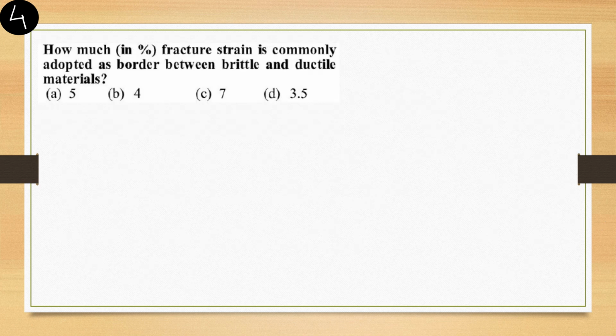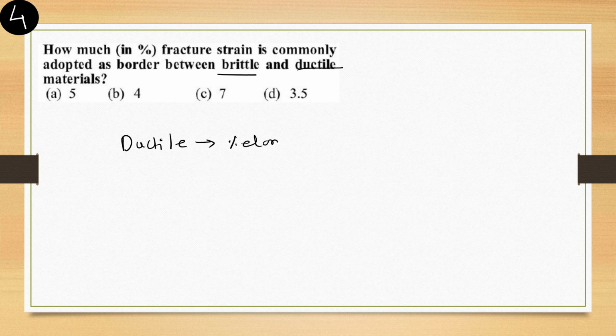Then the fourth question is: how much percentage of fracture strain is commonly adopted as the border between brittle and ductile material. If the material is said to be ductile, then the percentage of elongation is more than 5%.